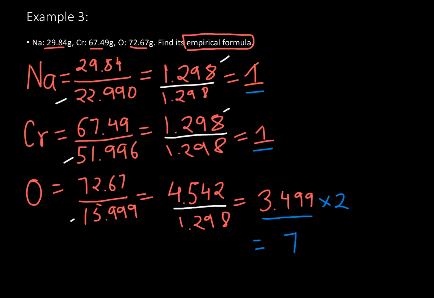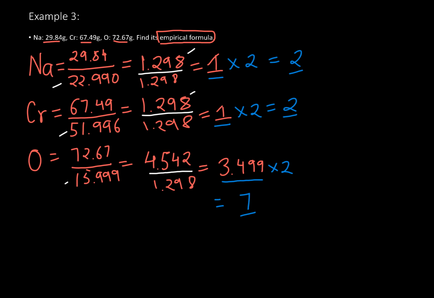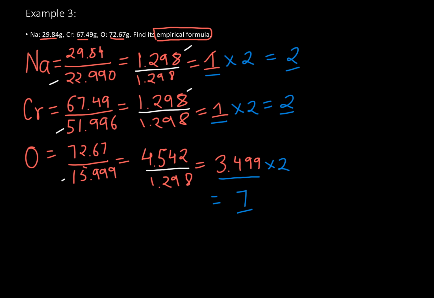We don't need to keep going, but because I multiplied oxygen by 2, I also have to multiply the other ones by 2, and so what I get is 2, 2, and 7, and so my subscripts are 2, 2, and 7, and my formula is Na2Cr2O7.